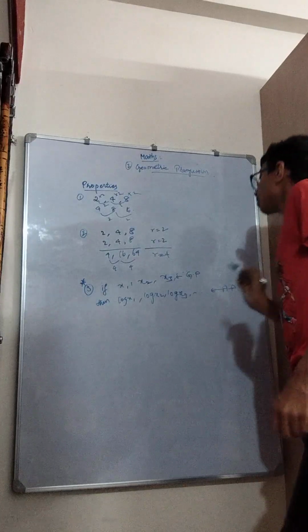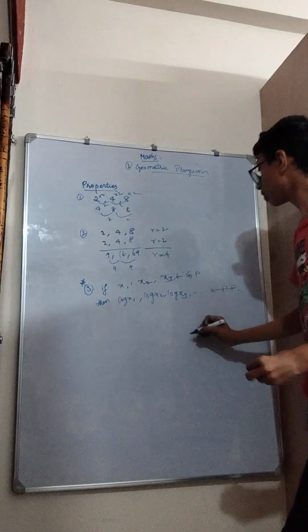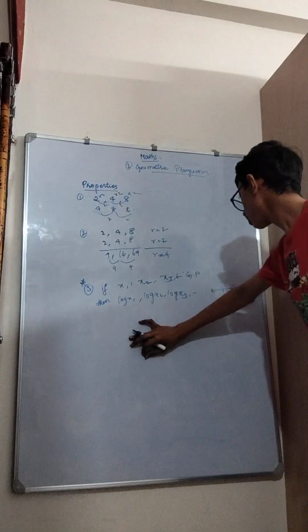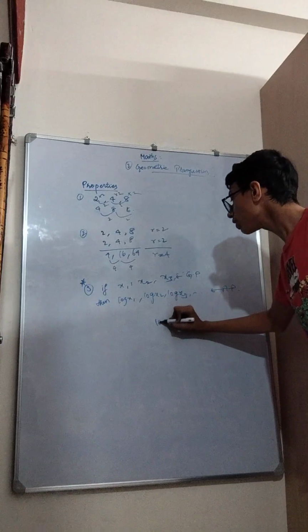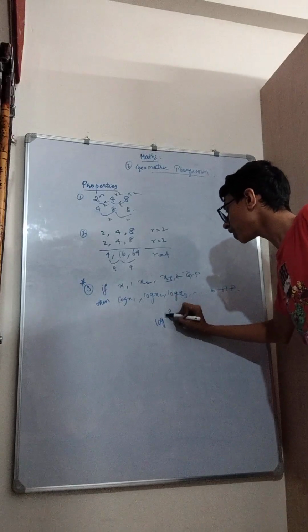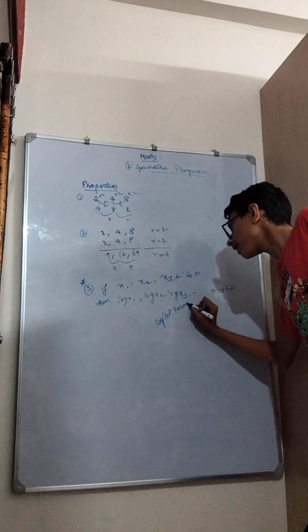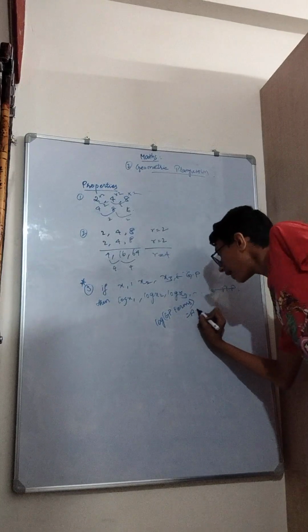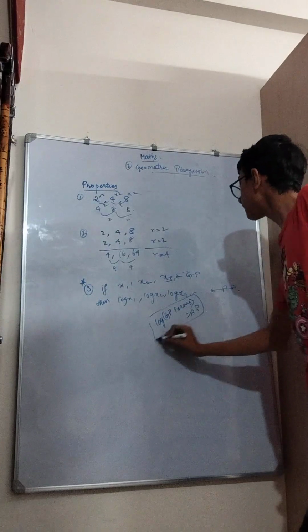So the log of GP terms is in AP. Understood? So this is a very important property.